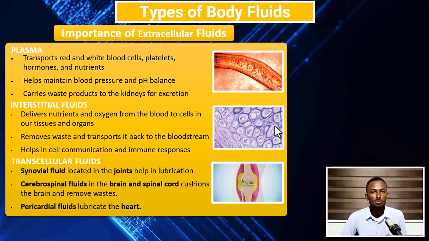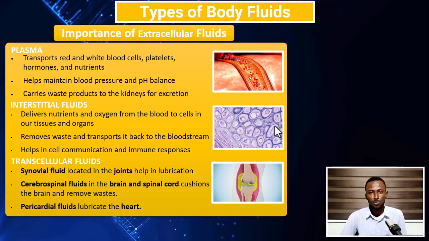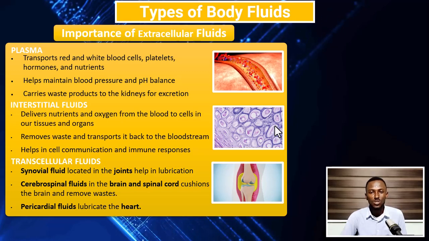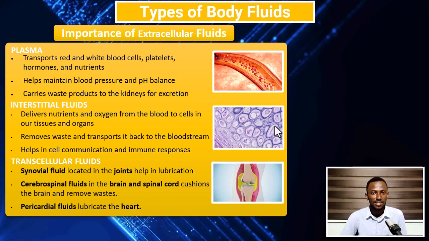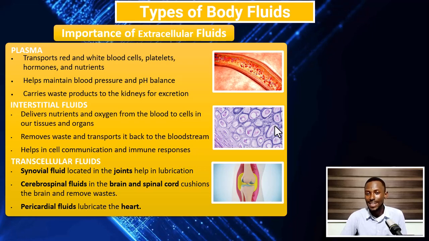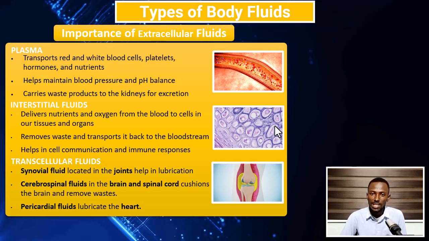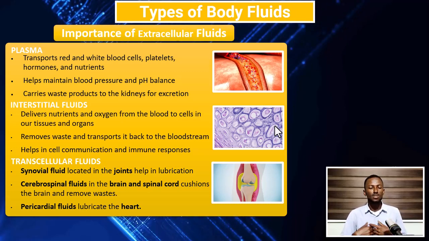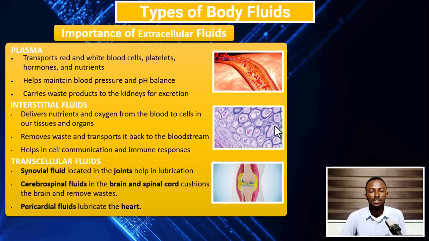Then we have cerebrospinal fluid found in our brain and spinal cord. So the cerebrospinal fluid helps to cushion our brain, and the same thing when it comes to our spinal cord found in our spine. And then we have pericardial fluid that lubricates our heart. So these are some few examples of transcellular fluids that help us to survive.